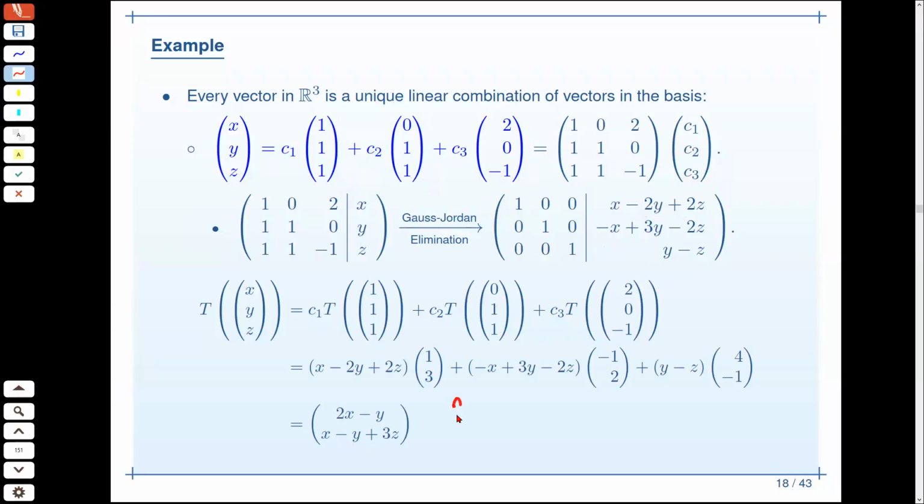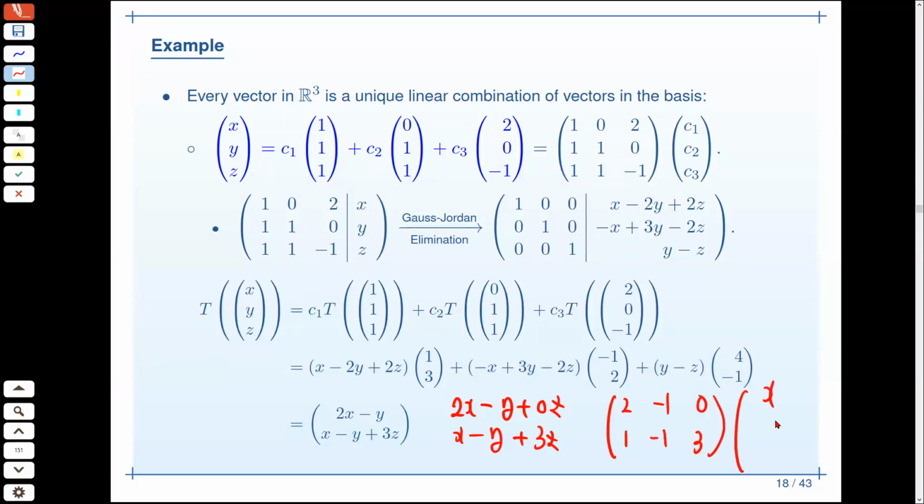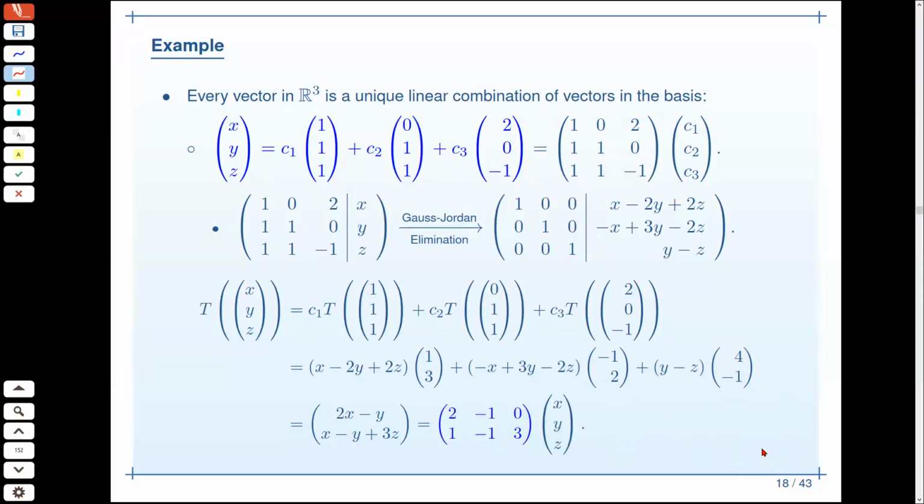Now this can be written easily: 2x minus y plus 0z, and x minus y plus 3z. So I can write it in matrix form, (2, -1, 0; 1, -1, 3), multiplied with (x, y, z). Therefore T is a linear transformation with the standard matrix, which is here.